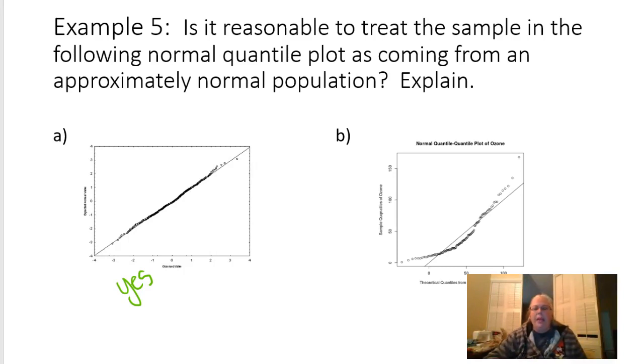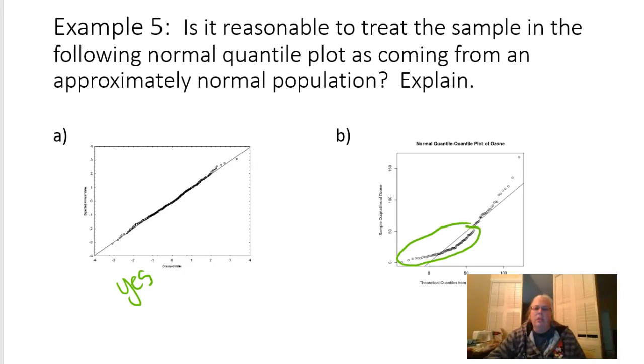Now when we look at B, the points up here fall really, really close to the line, and even these are fairly close to the line. But when we look down here at the bottom part of the graph, we've got some on the left side of the straight line, then it dips down below this line, and then it's coming back up above the straight line again.